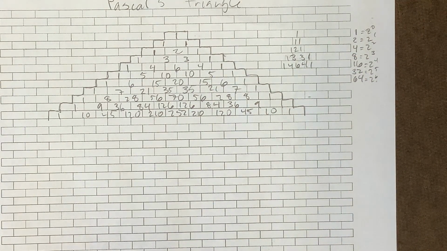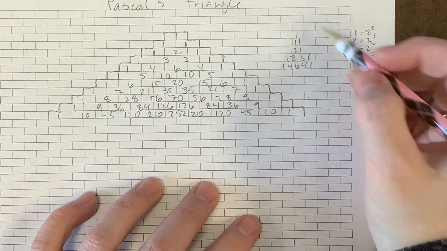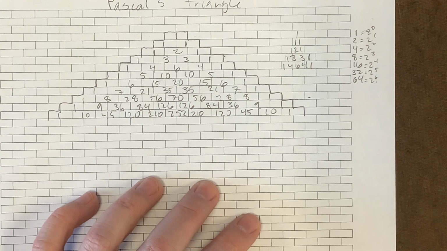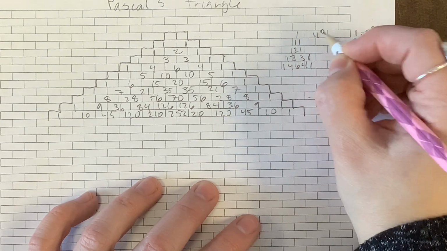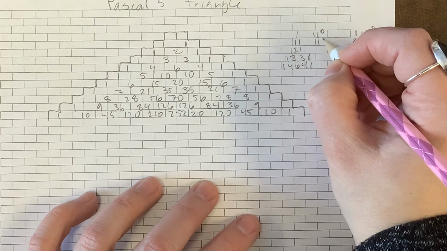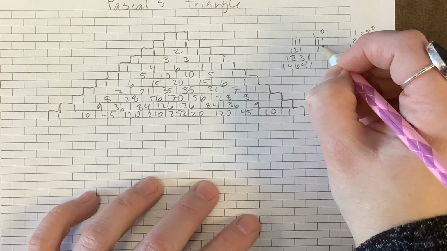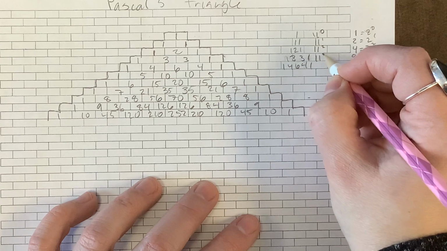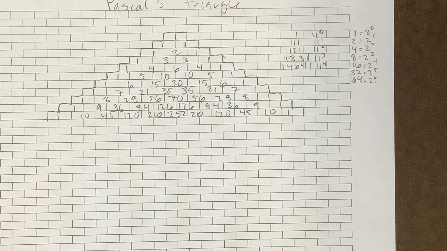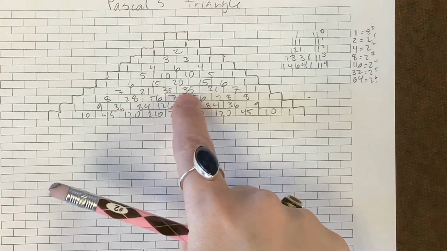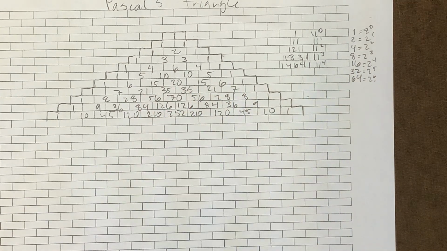Okay, so if we just take the rows themselves as numbers, then it turns out that each one is the powers of 11. So this is 11 to the 0 power. This one is 11 to the first power. This is 11 squared. This one's 11 to the third, 11 to the fourth, and so on. And there's a way to deal with the double digits within there.